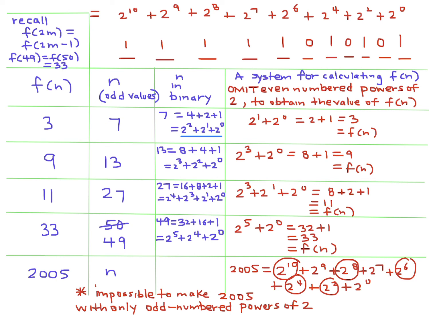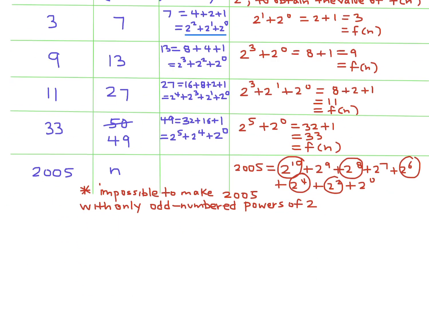It contains even numbered powers of 2. If you omitted them, you would no longer get 2005. So therefore, no n exists for which f at n is equal to 2005.